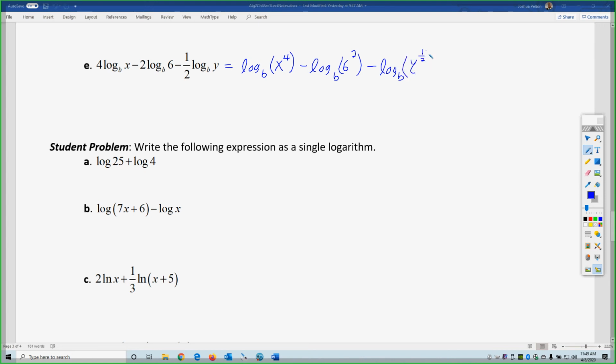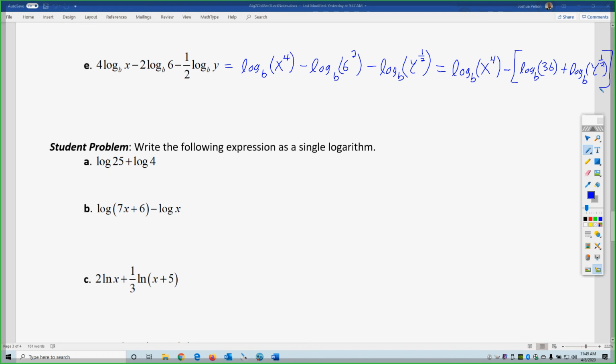Okay, so you notice we have to do the product rule next, but there is no addition here, so we'd skip over and go to the quotient rule, but there are two subtractions. As a result, we'd have a fraction within the fraction. We don't want that. So whenever you see that, you have to do a simplification step first. So if I do that, I'm going to get log base b of x to the 4th minus brackets log base b of 36, which is the 6 squared, plus the log base b of y to the 1/2.